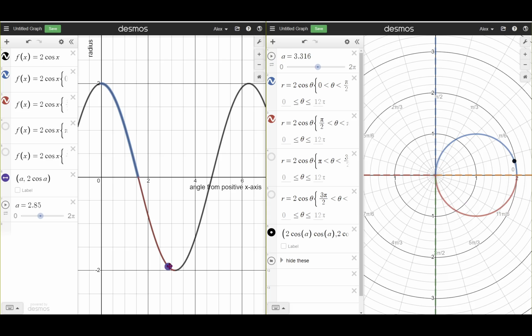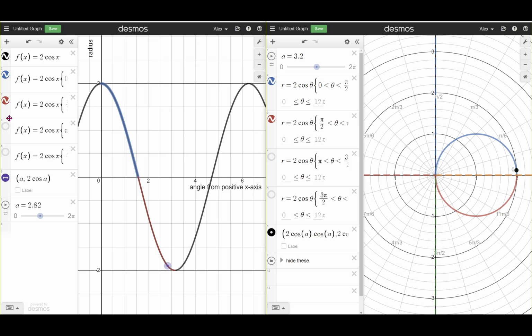Again, as the angle goes from pi over 2 to pi, the radius gets more negative, it gets further out. We see the same thing here, as the angle goes from pi over 2 to pi, our radius gets further out as well.